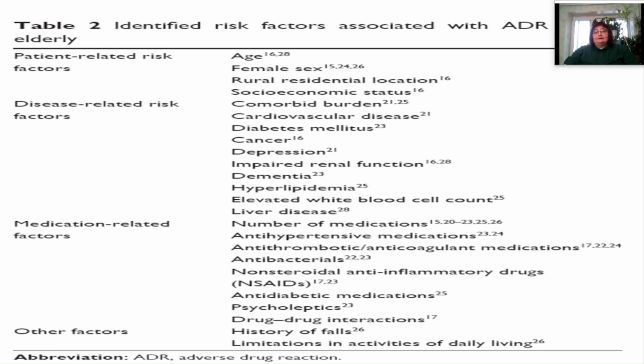Medication-related factors include the number of medications, polypharmacy, which should not be more than 5 drugs, and you still have to take into account what kind of groups of drugs, what their adverse reactions are, plus whether these groups of drugs have drug interaction with drugs in other groups, or drug with disease.